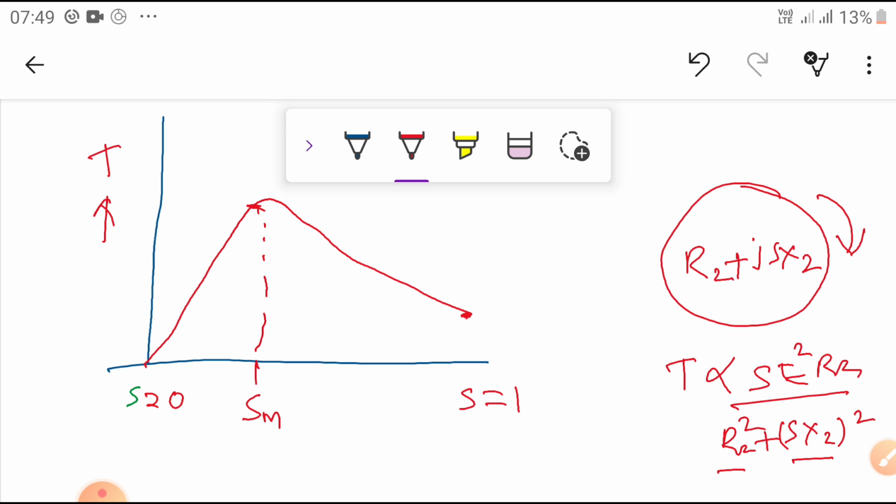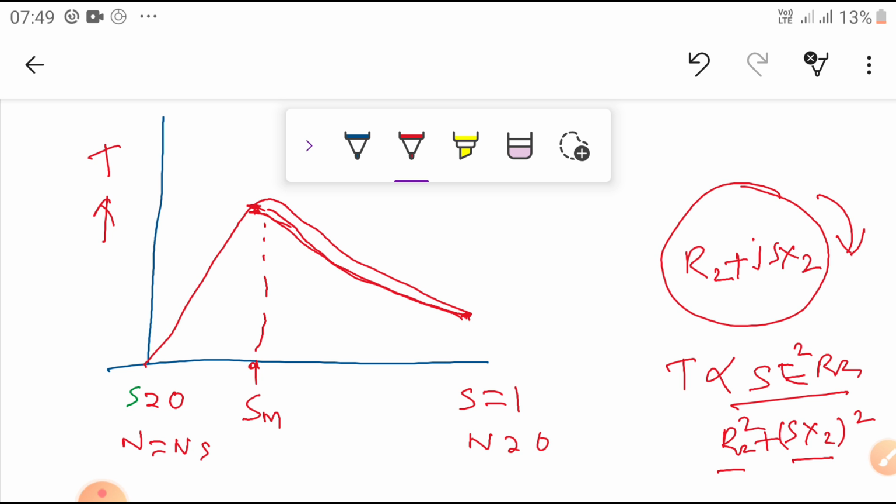When torque increases, slowly the rotor speed increases to maximum. Here N is equal to Ns. Slowly increasing, the maximum torque is developed here, and at that condition the maximum slip is developed.